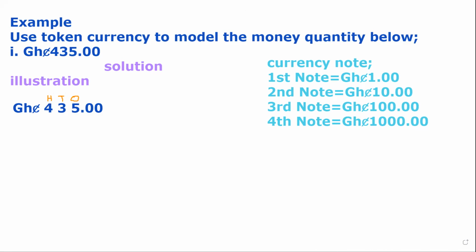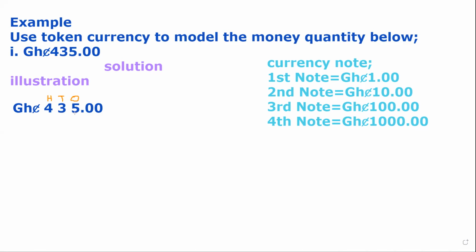The reason why we have indicated this is that we are going to write the real value of these numbers. The real value means you multiply the face value by the place value. The face value is the number that you see with your naked eye, the number itself.